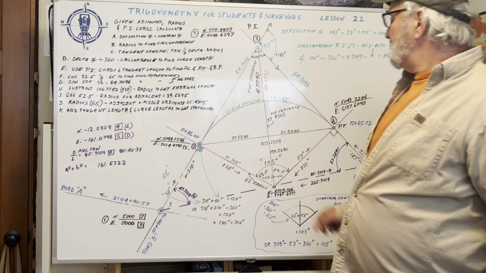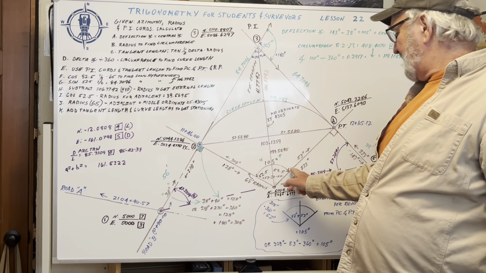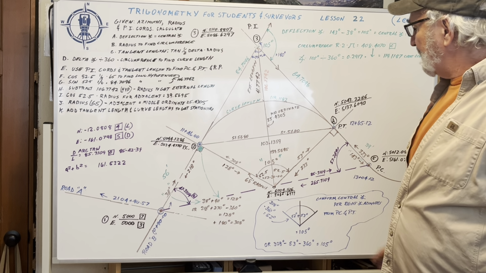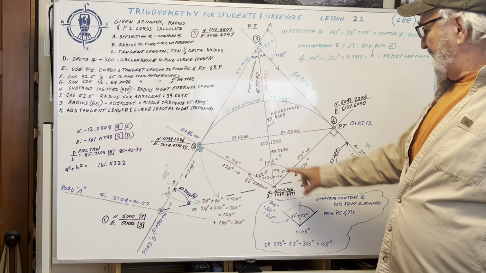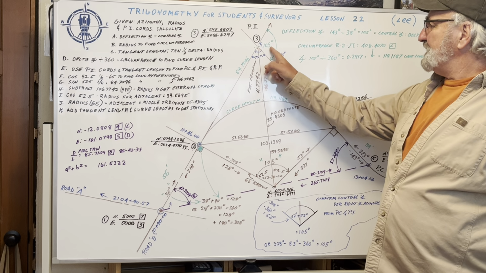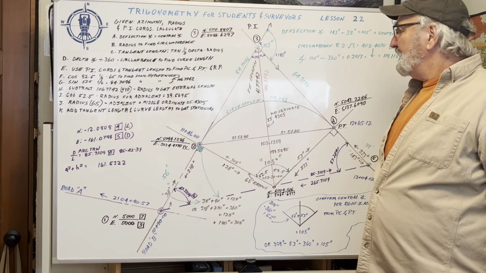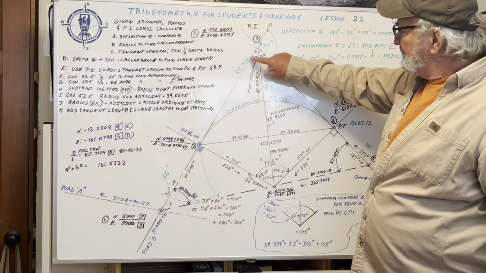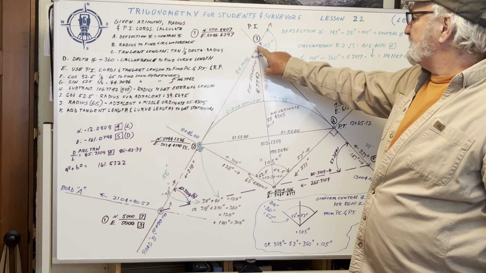So now you need to find the angle here. What's this central angle? We call it a delta angle. All you're given so far is a radius and these two bearings. That delta angle is always going to be the same as what's called a deflection angle. A deflection angle is, say you're sitting here with a scope, or you're just doing your calculation.